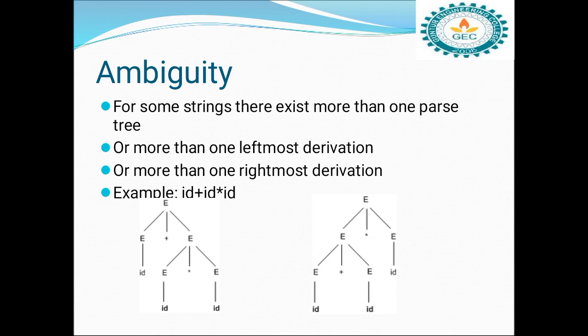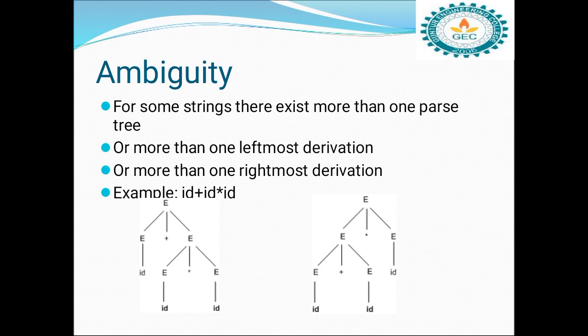For example, id plus id star id. Using the previous productions, E tends to E plus E and E tends to E star E, we can generate the parse tree. Here, leftmost and rightmost derivations generate the parse trees.